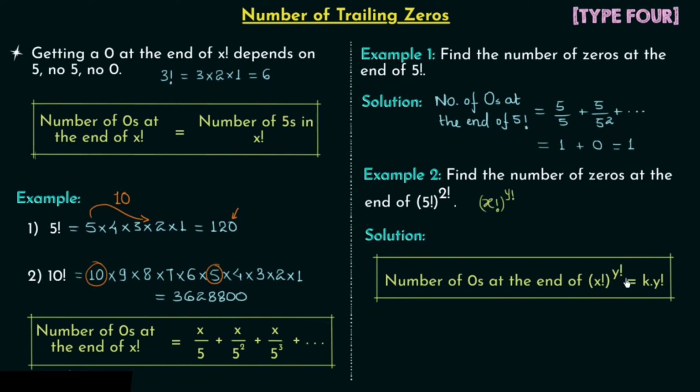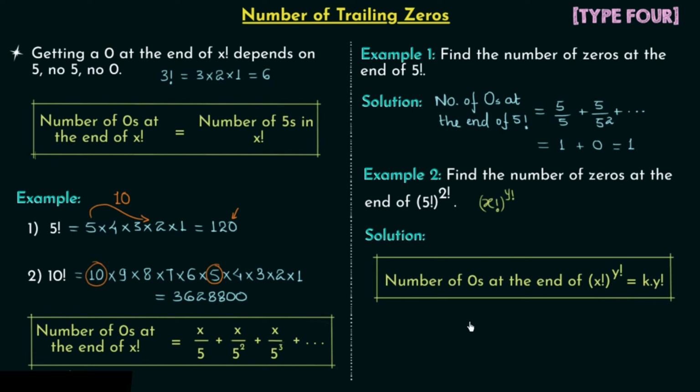We know y factorial, it will be here. What about k? K is the number of zeros at the end of x factorial. So we first need to find out the number of zeros at the end of x factorial using this formula, and this will be our k, and then we need to multiply y factorial with k. This will give us the answer.